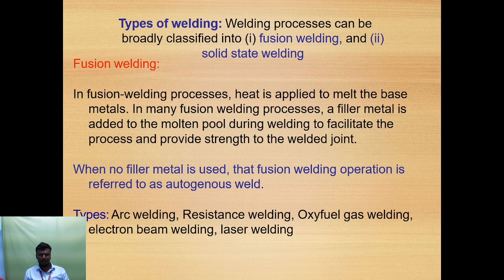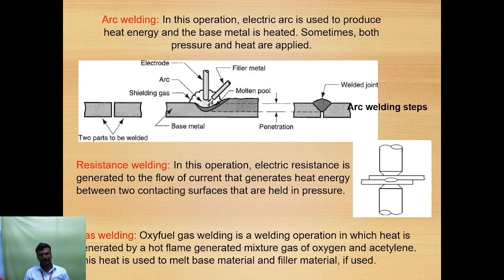The types of fusion welding are arc welding, resistance welding, oxyacetylene gas welding, electron beam welding, laser welding, and others. In the arc welding process, the electric arc is used to produce the heat energy and the base metal is heated. Sometimes both pressure and heat are applied in the arc welding process.